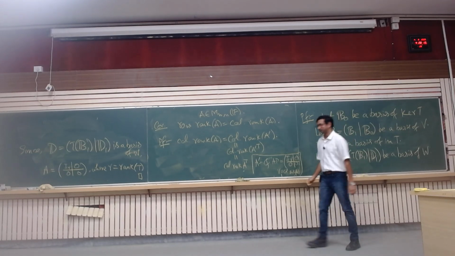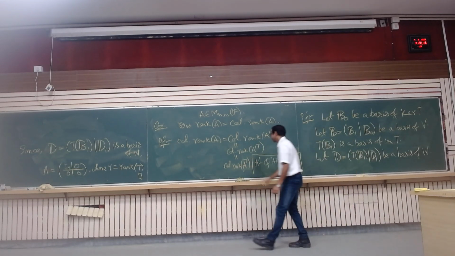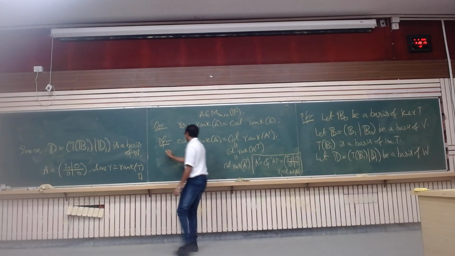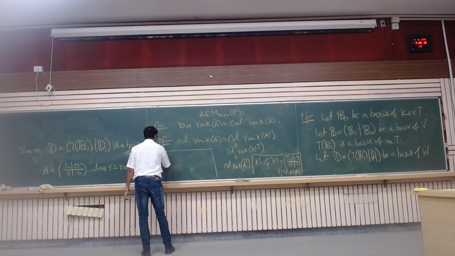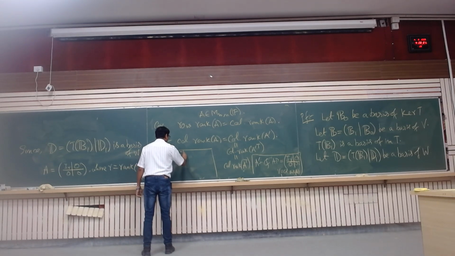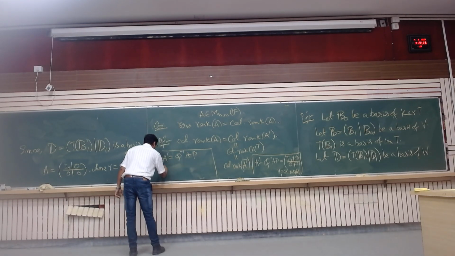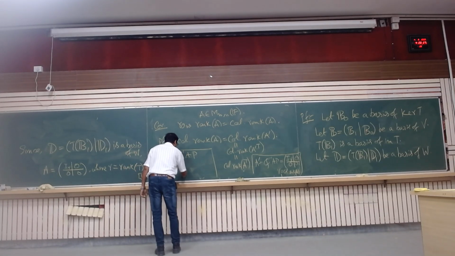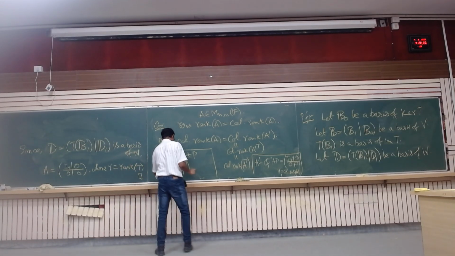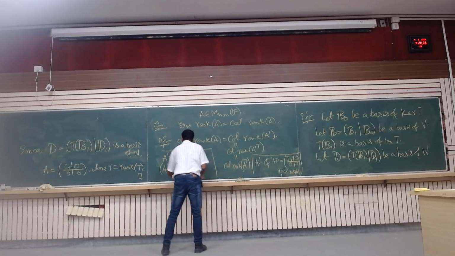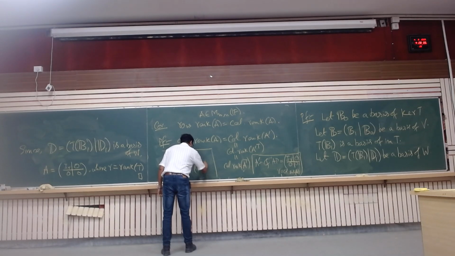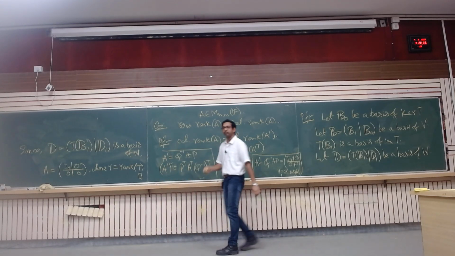Why? This is also just one line. Maybe we write it here. A dash is equal to Q inverse AP, right? So A dash transpose is equal to P transpose A transpose Q inverse transpose. Okay.